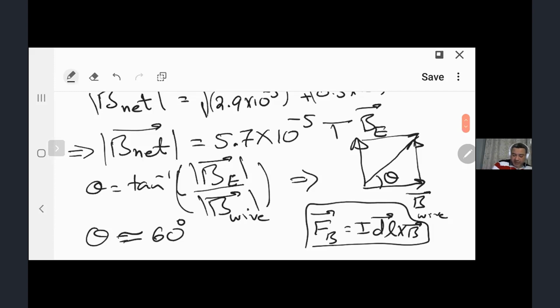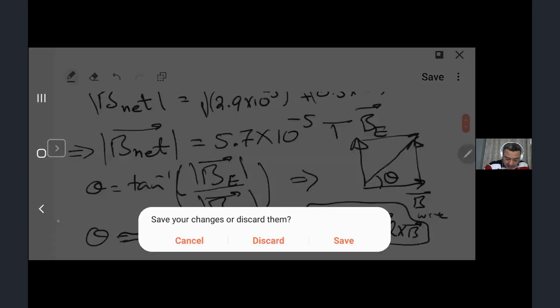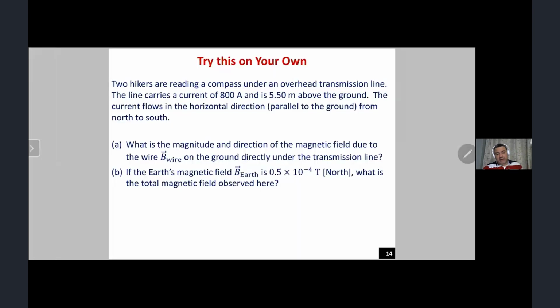We will come to this later, where we evaluate a magnetic field on another wire that has current in it. Both wires are generating magnetic fields. One of them would be considered external, and the other is the wire that is affected by the magnetic field generated from the second wire. We'll come to that later on.